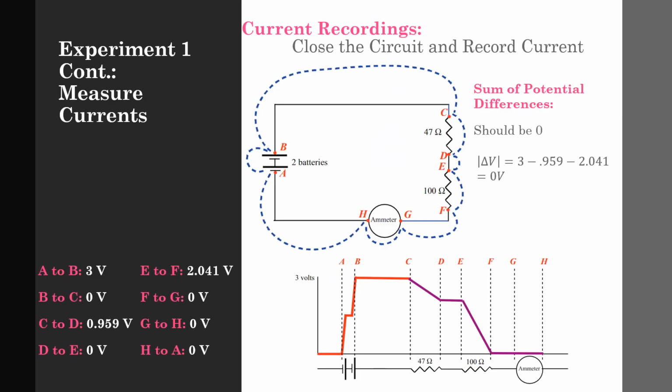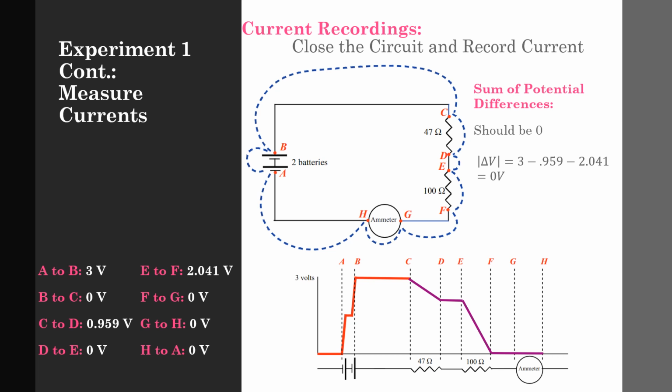Next, we were asked to reclose the circuit with 1 ammeter and record the potential difference at different points with a voltmeter, shown in the diagram in the center. These recordings are noted in the bottom left, the significant recordings being from A to B, 3 volts, from C to D, 0.959 volts, and E to F, 2.041 volts.